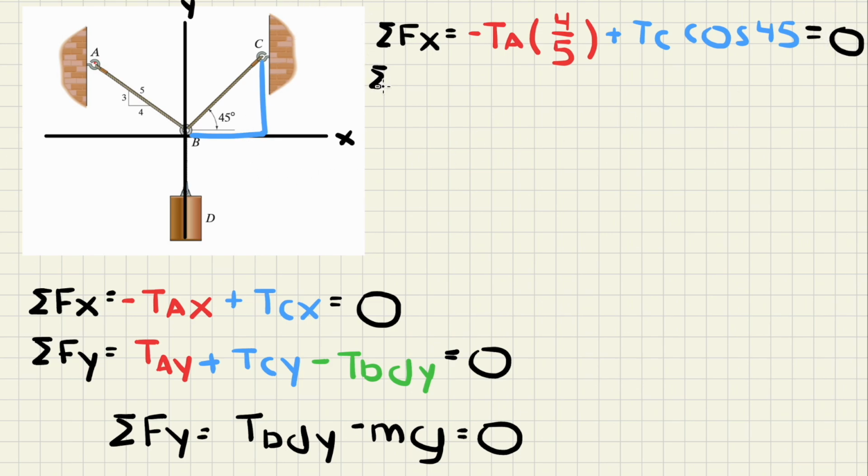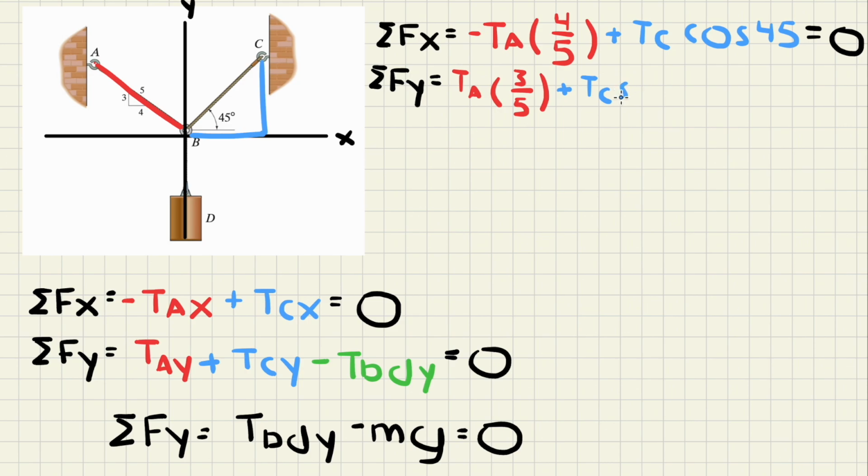So now we can do the y direction. In the y direction for this one, we have 3. So TA, 3/5, because that is the ratio in the y direction. And then in our TC, the opposite side will give us our y.